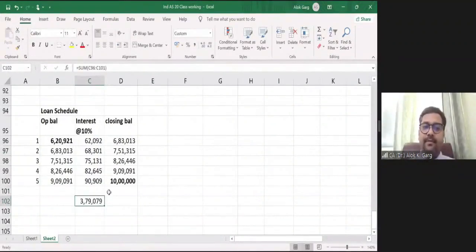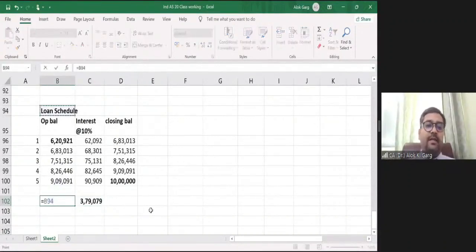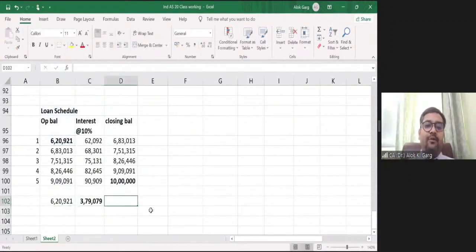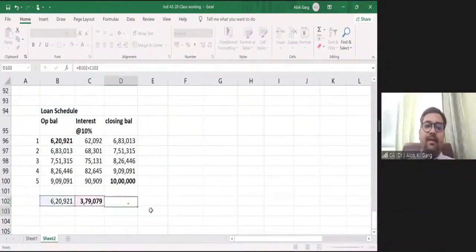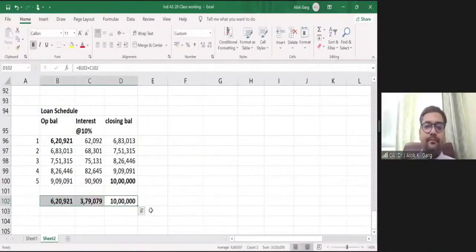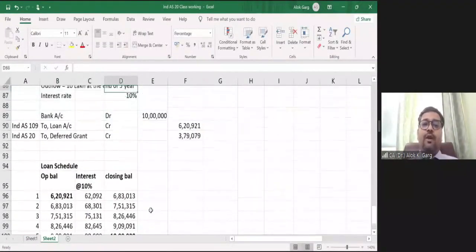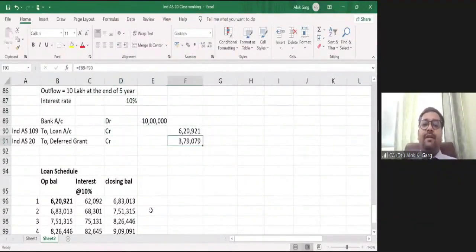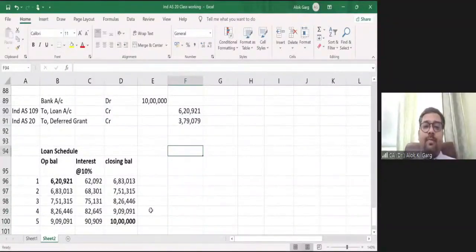Understood? 379,079 is the amount, and when you total this plus this, it comes out to 10 lakh rupees. So, sir, 62921 we have understood. What about 379,079? So now, the deferred grant schedule.